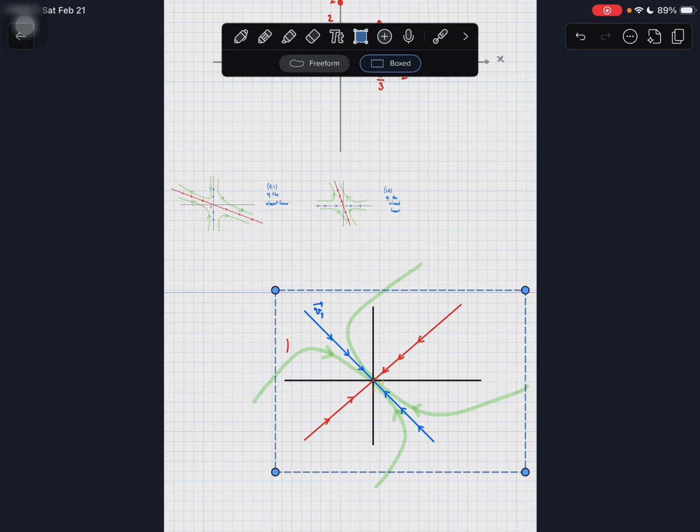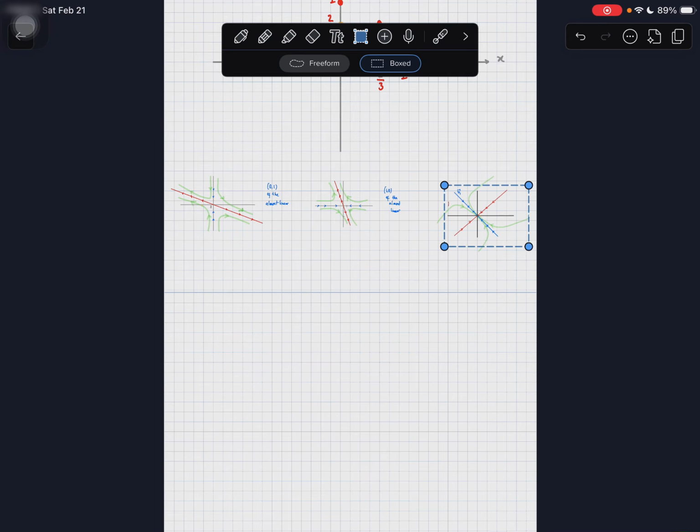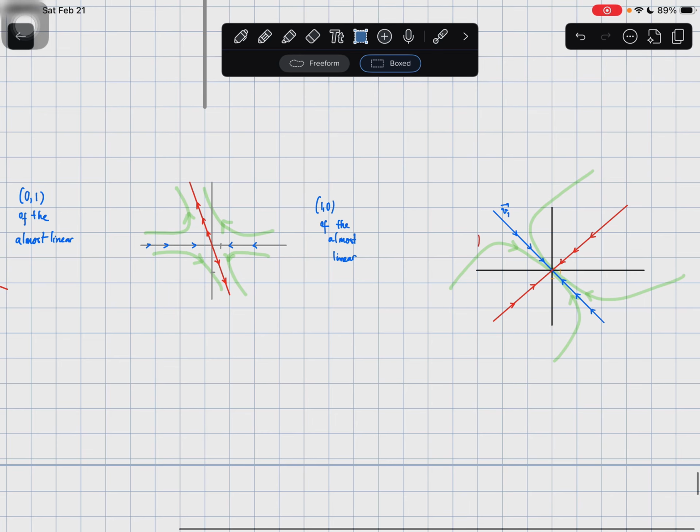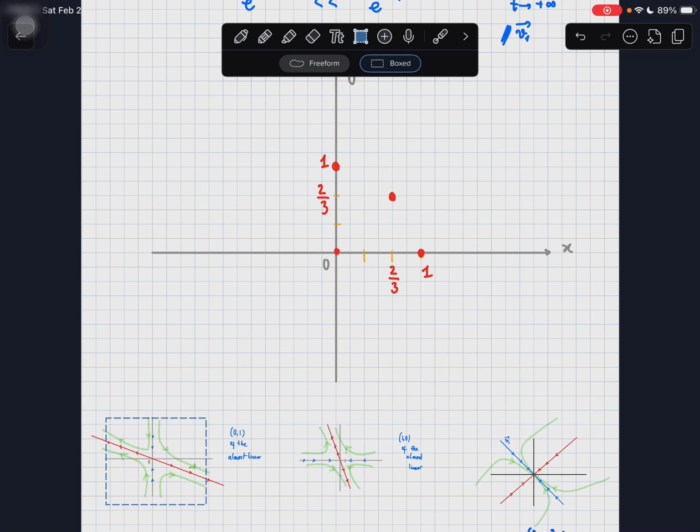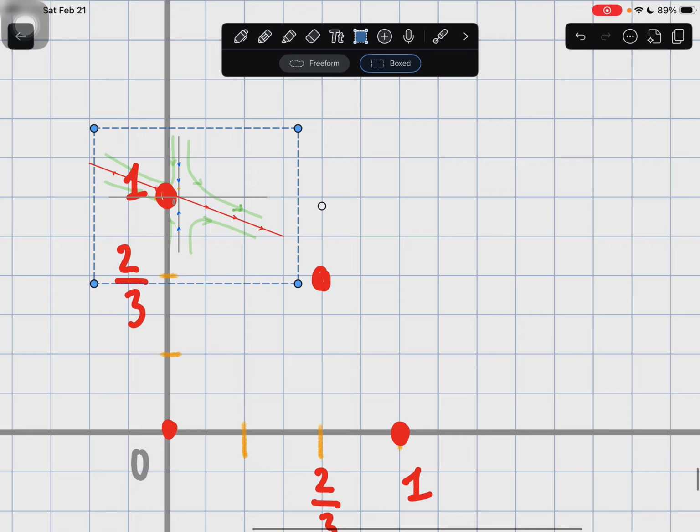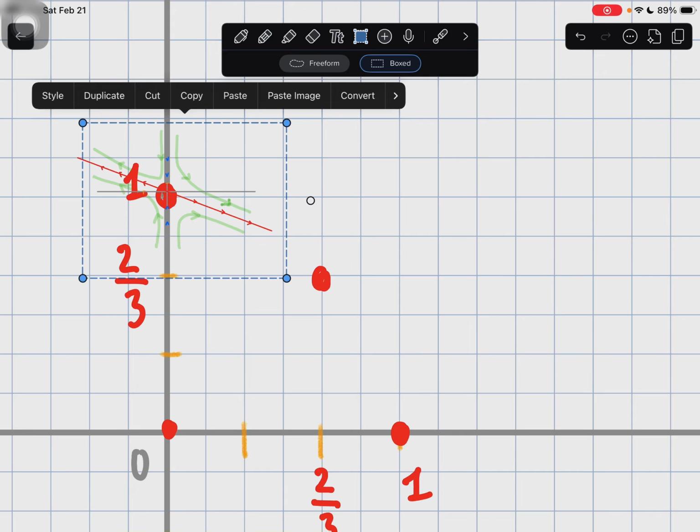This one is around 2 over 3, 2 over 3. Around 0, 1, it makes it look like this.